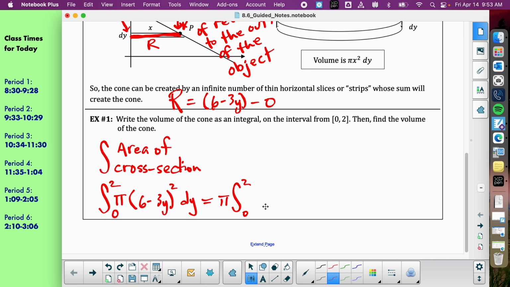I'm just going to FOIL it out because that's what you wanted to do, so we'll write it. So we've got 36 minus 36y plus 9y squared, dy. And yes, U substitution would give you the same information, just presented differently. Do you want me to write the U substitution answer above it?